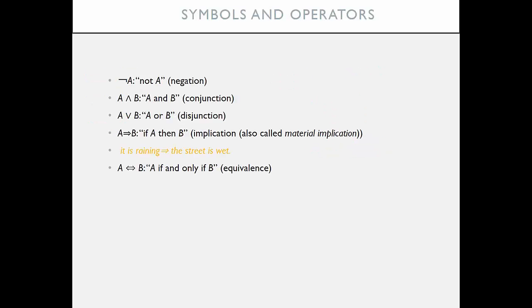Now, we have some operators and quantifiers in first order logic, and you might already be aware of some of these operators, like not A. Here, these literals A or B or C, in first order logic, will be sentences.